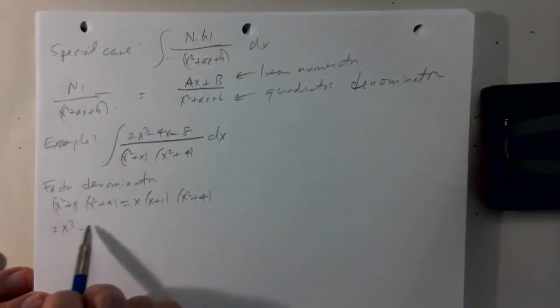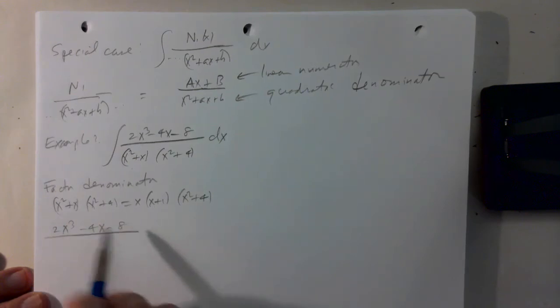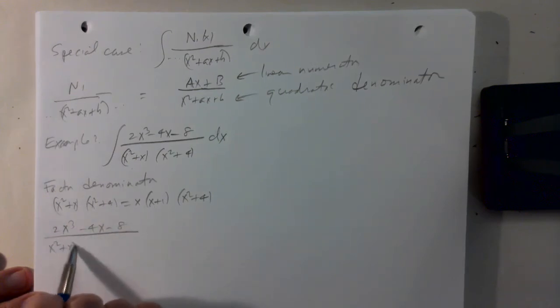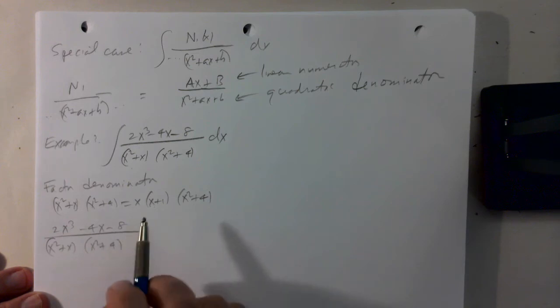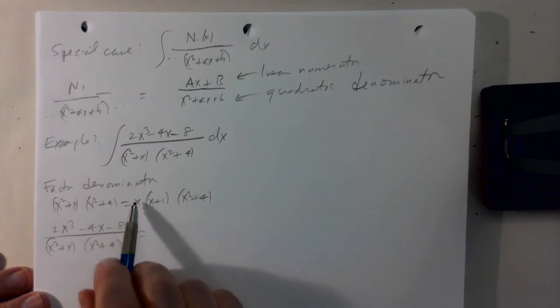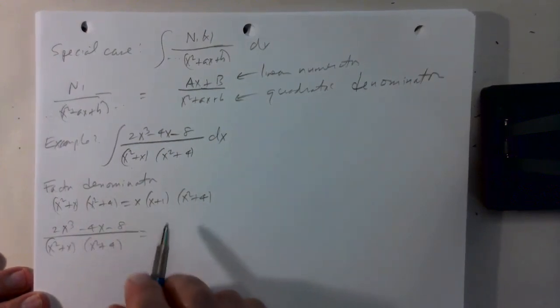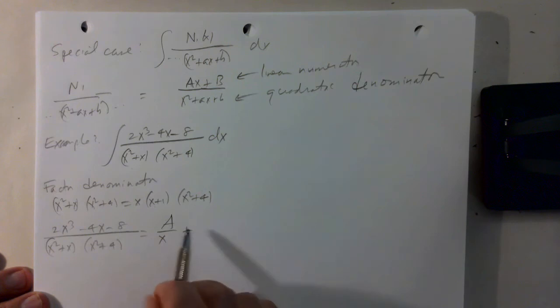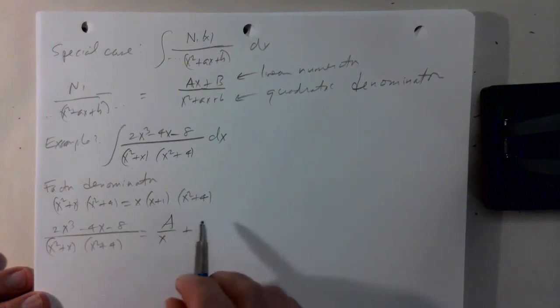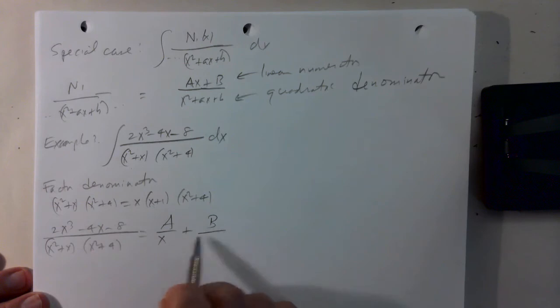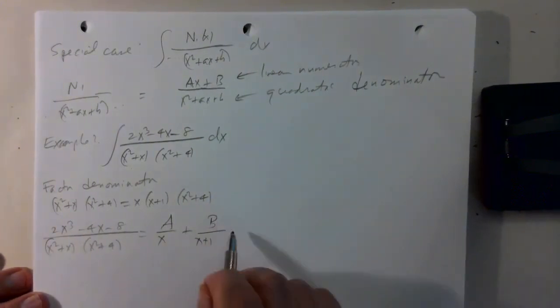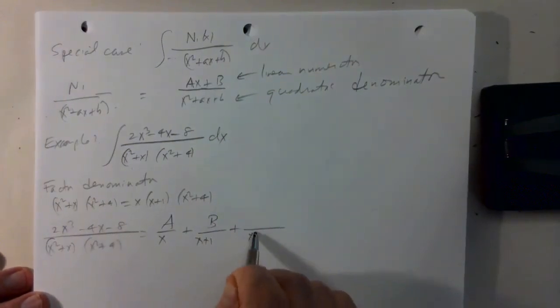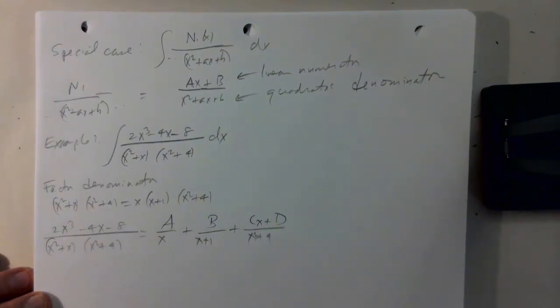So for (2x cubed minus 4x minus 8) over (x squared plus x) times (x squared plus 4), we're going to have three partial fractions. The linear factor x gives us a partial fraction a over x. The linear factor x plus 1 gives us a partial fraction b over (x plus 1). The quadratic factor x squared plus 4 gives us a fraction with this quadratic in the denominator and something linear in the numerator.